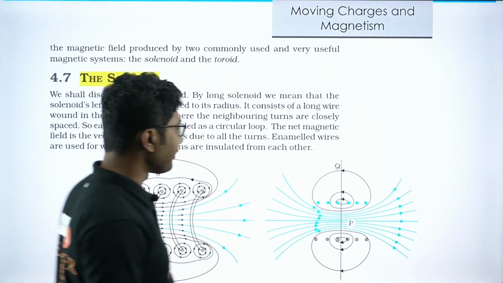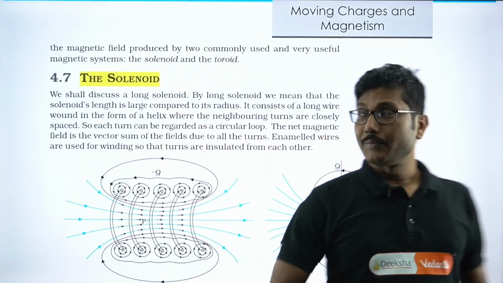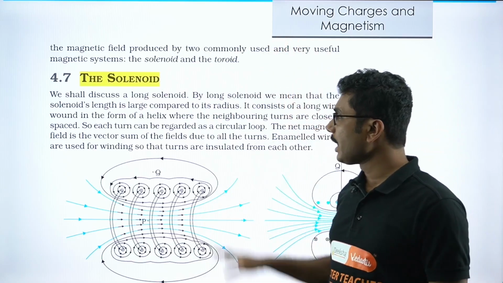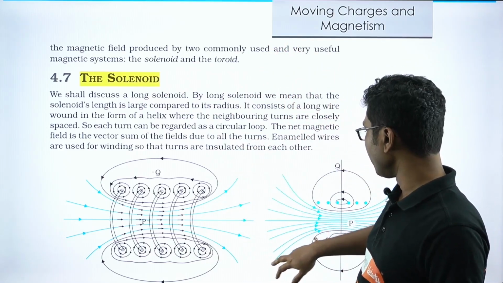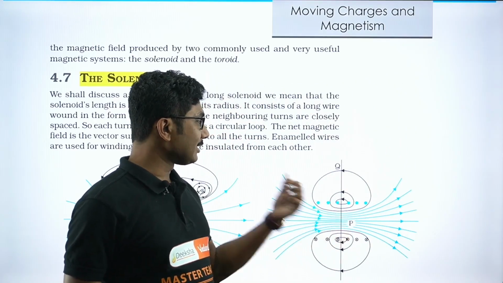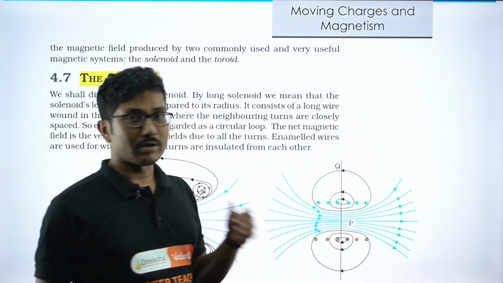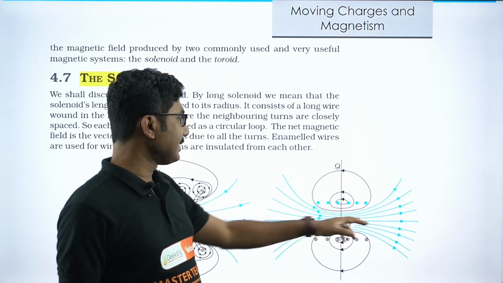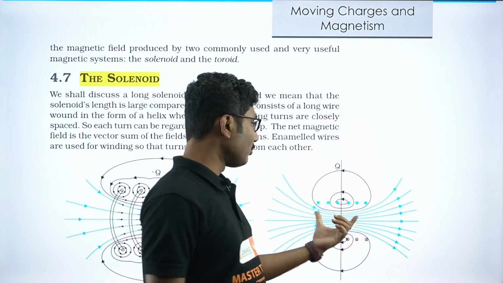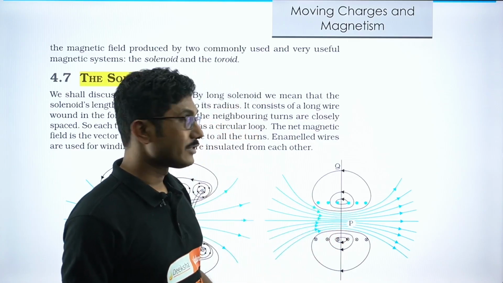Next important concept is the solenoid. You can skip the previous part. You can read it once, but it is not super important. The next important part is the solenoid. As you can see, inside the solenoid the magnetic field is constant, except at the edges. Around the center and most of the region the magnetic field is constant.